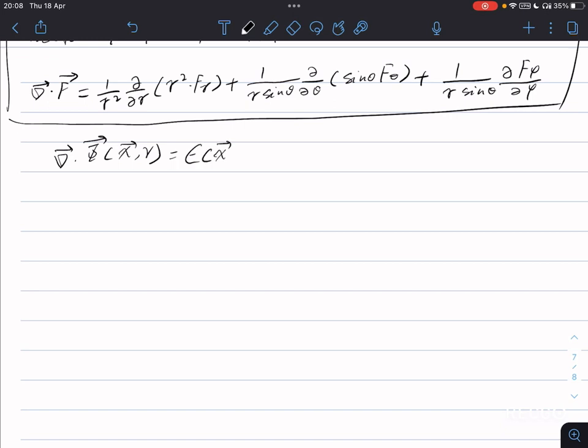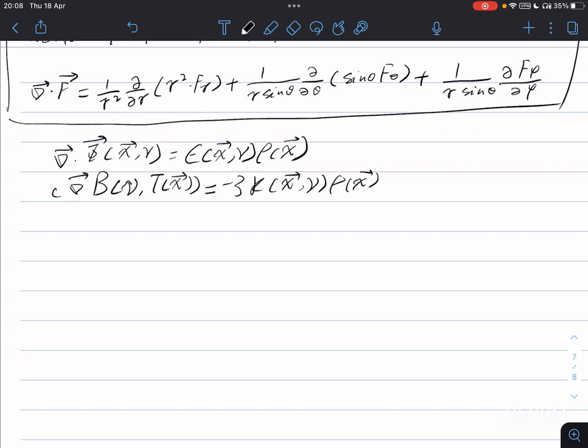Epsilon x nu rho x, and c times the gradient of B_nu(T) equals minus 3 chi x nu rho x psi x nu.